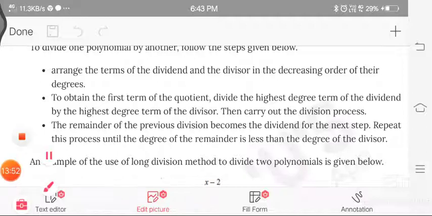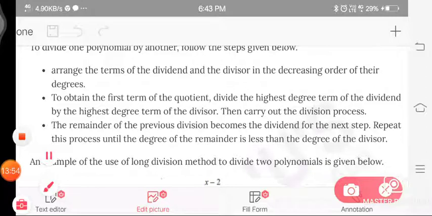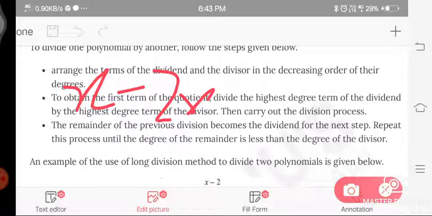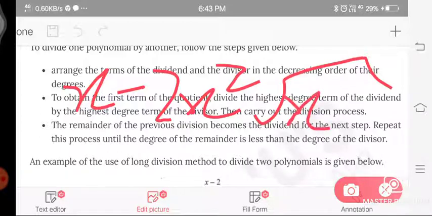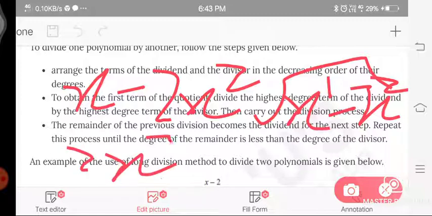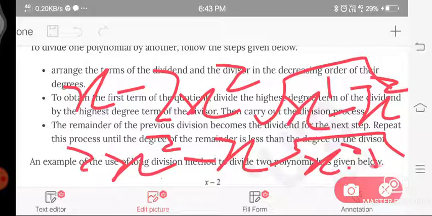Like in this form, the divisor is x minus 2x square and the dividend is x minus x square. So then we arrange it in decreasing form: 2x minus x and x square minus x.